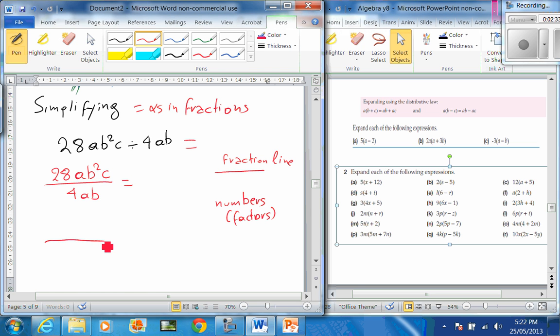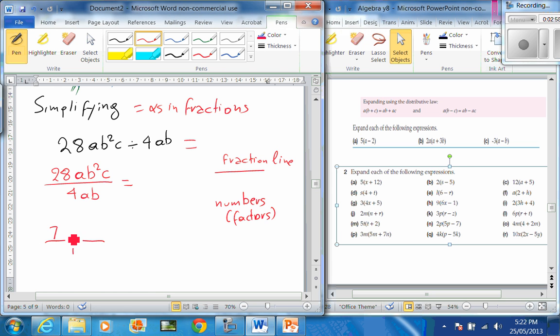So I'm thinking very quickly, how many 4s I have in 28? It's times tables, 4 times 7. If you don't know, use a calculator, finish it. So I know that 28 is made out of 4 times 7. So I write here 7, and instead of 4 I write 1.